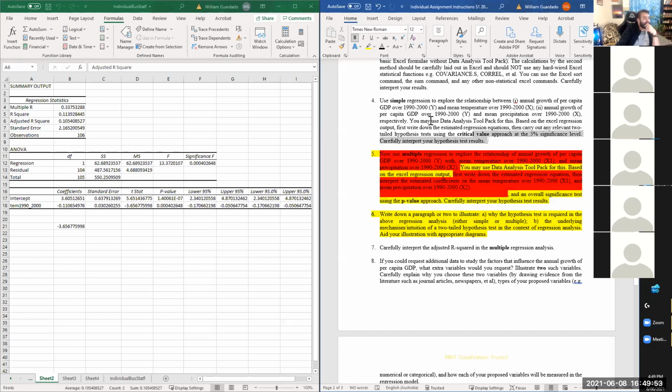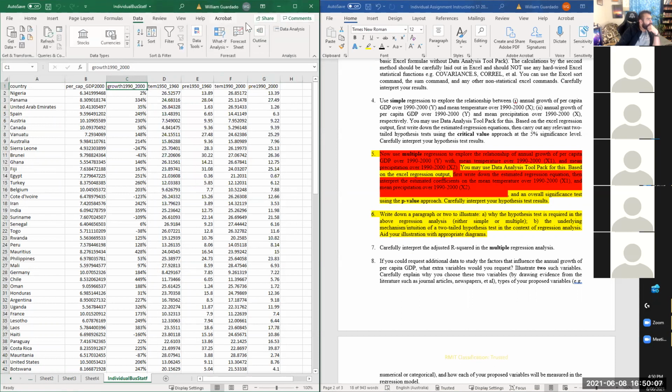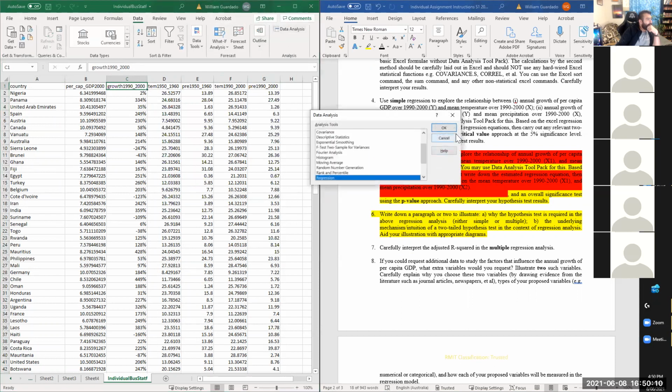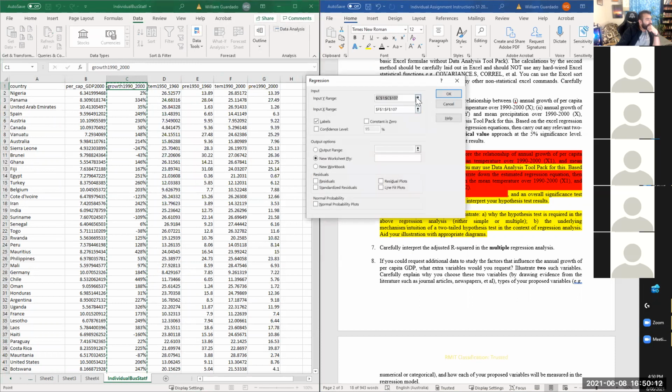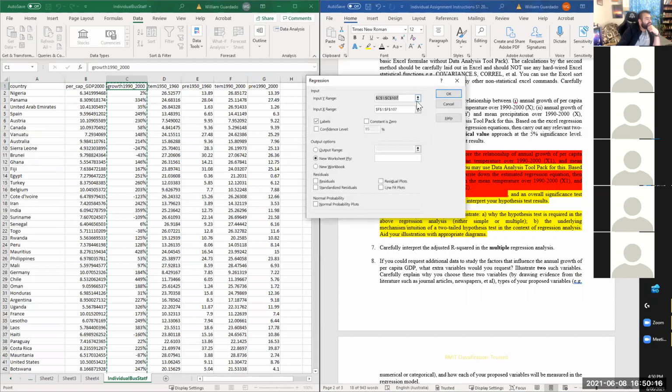For this one, you just have to do what it says there. It's pretty much the same. So for this one, it's the same thing. So you go to your, so I already got it highlighted there.